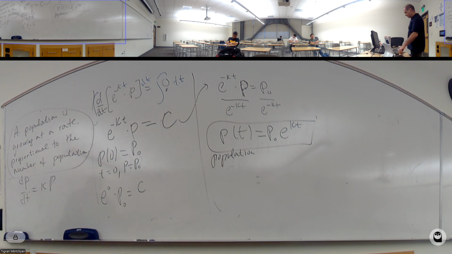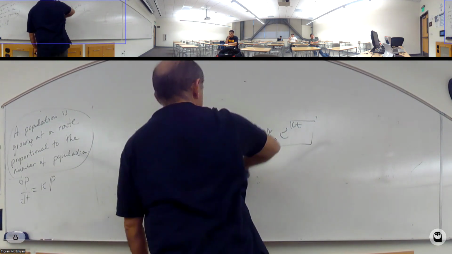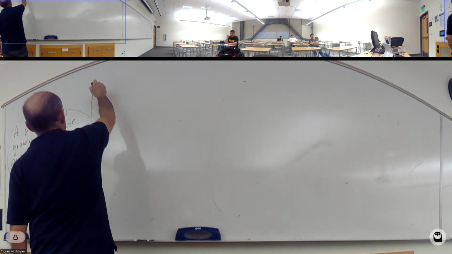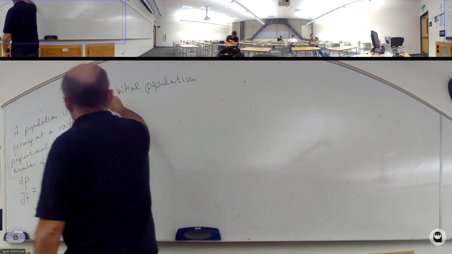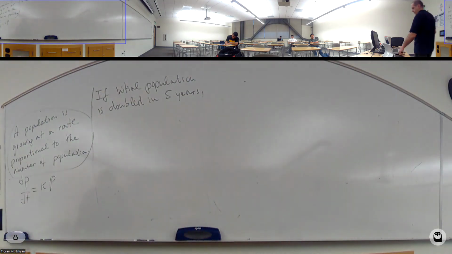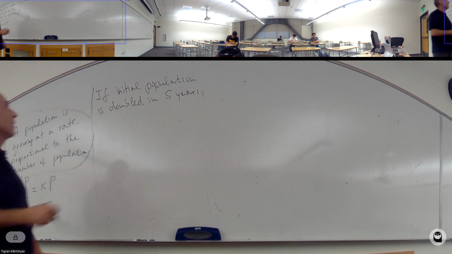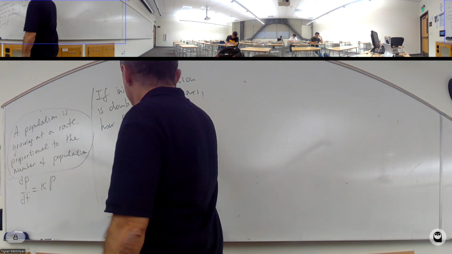Okay, so let's see. If an initial population has doubled in 5 years, how long will it take to triple?